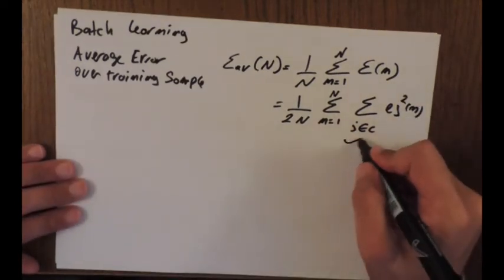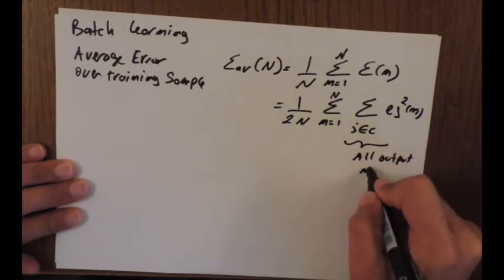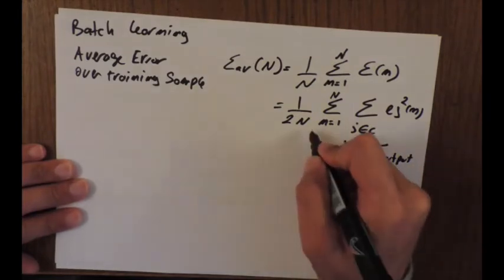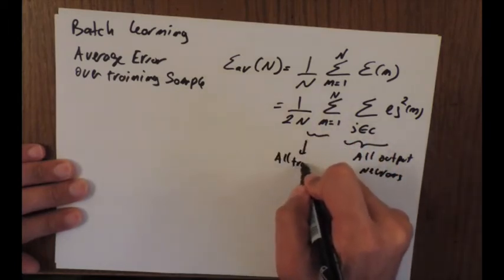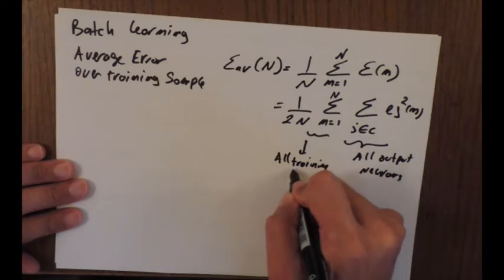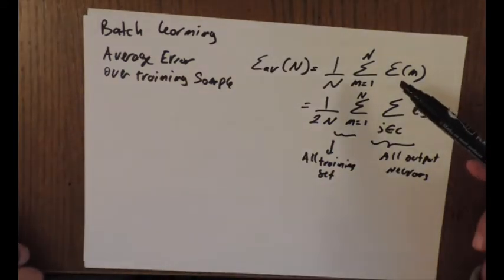So this is the average error for batch learning.